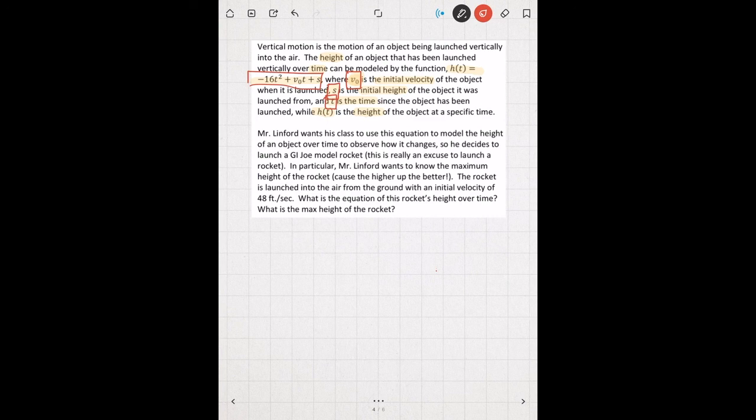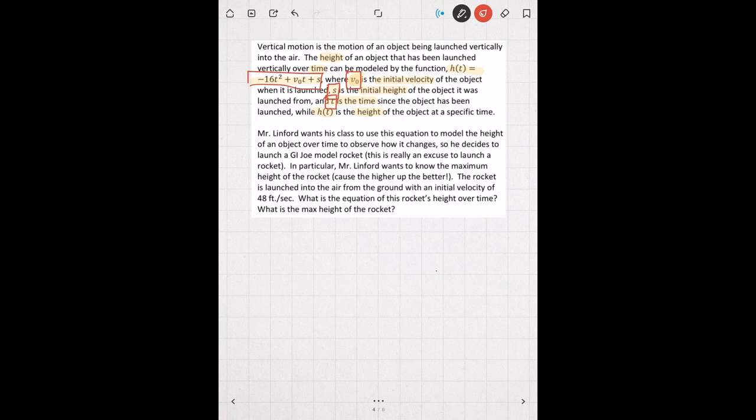In particular, Mr. Linford wants to know the maximum height of the rocket, because the higher up, the better, right? So the rocket is launched from the ground with an initial velocity of 48 feet per second. That's pretty fast.